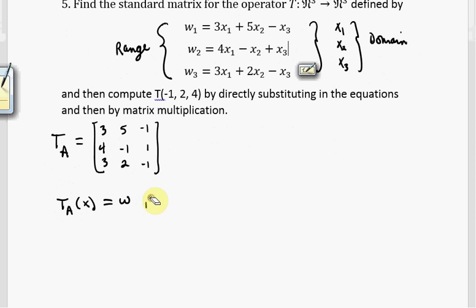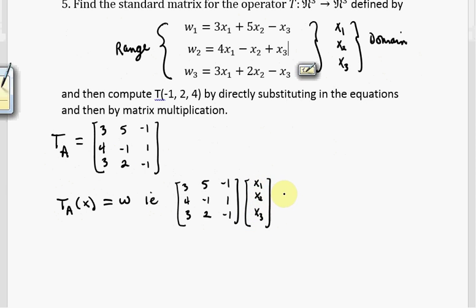That is to say, we have this matrix 3, 4, 3, 5, -1, 2, -1, 1, -1, times the input vector x sub 1, x sub 2, x sub 3, that gives us the output w sub 1, w sub 2, and w sub 3.